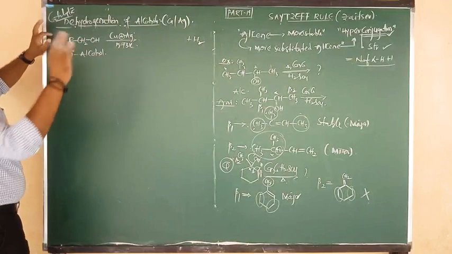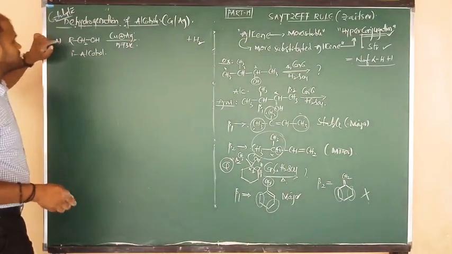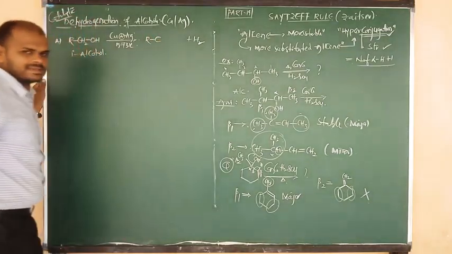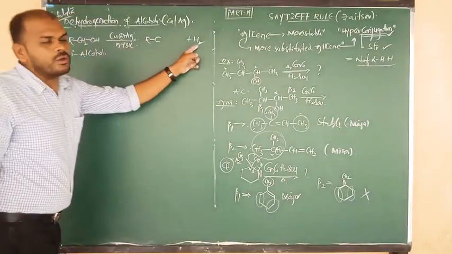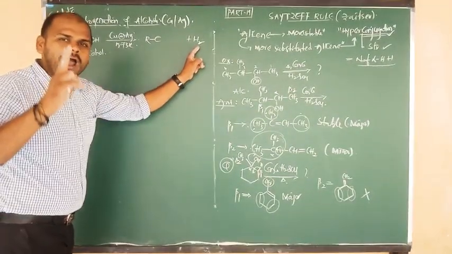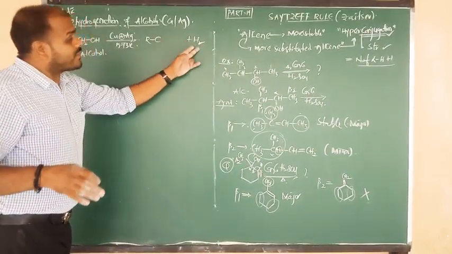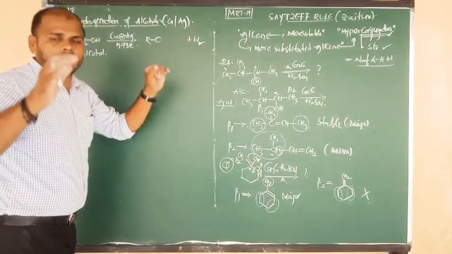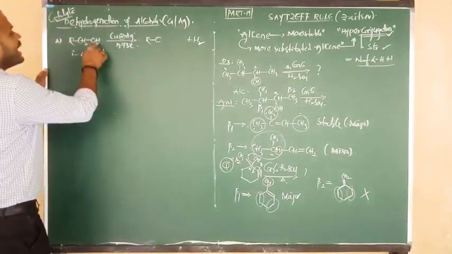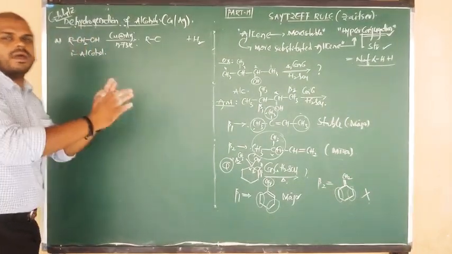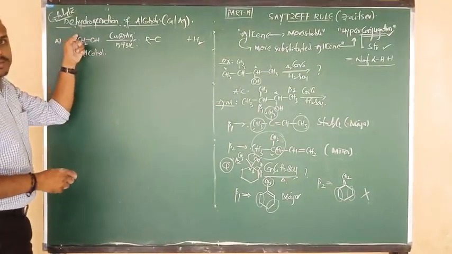So what remains, what you are going to get, that we have to focus on. R bonded to C, as it is. Here we removed two hydrogen atoms in the form of H2 gas. So the question is, from which places have you removed the two atoms? One H atom was removed from the oxygen, and another H atom was removed from the central carbon.